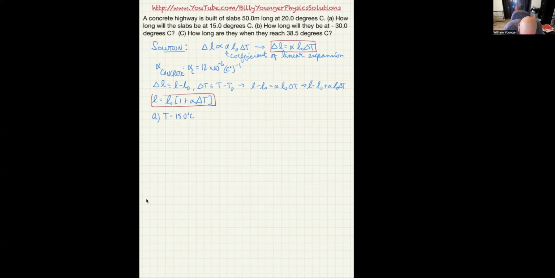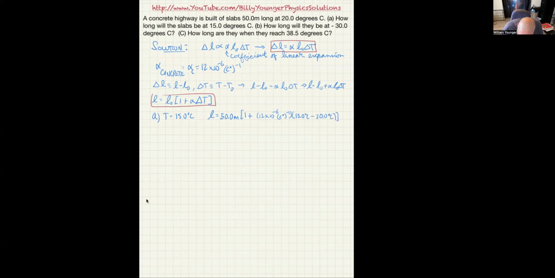And therefore we get L is equal to 50.0 meters, because we're using the L0, times 1 plus 12 times 10 to the negative 6 Celsius degrees reciprocal, times the final temperature, which is 15.0 degrees Celsius, minus the initial temperature, which is 20.0 degrees Celsius.